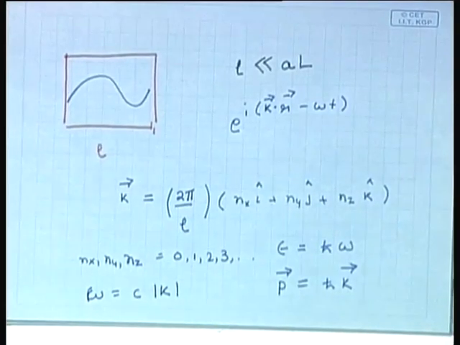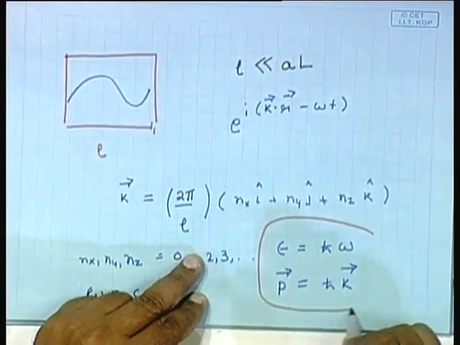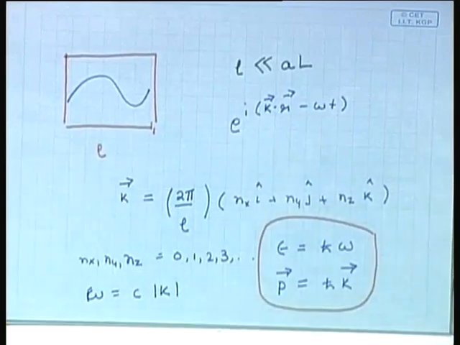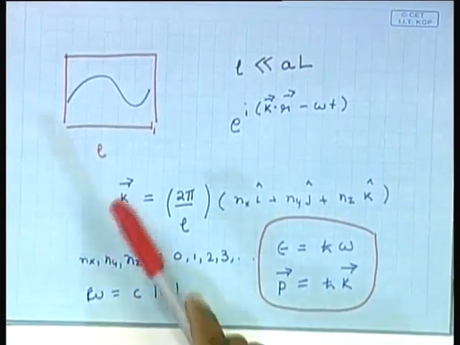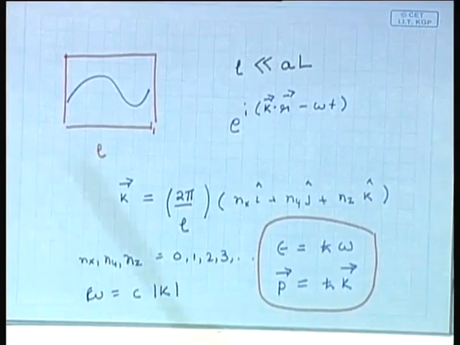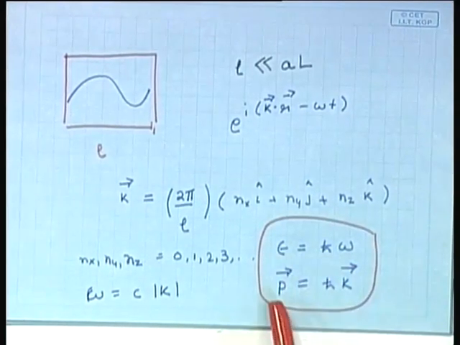So, excitations of these modes we interpret as particles, photons. In one mode, the energy of the excitations will be quantized in units of h cross omega, with momentum p equal to h cross k.